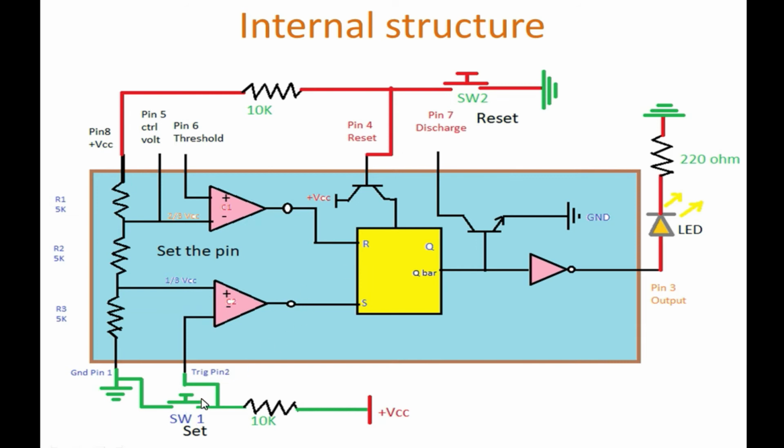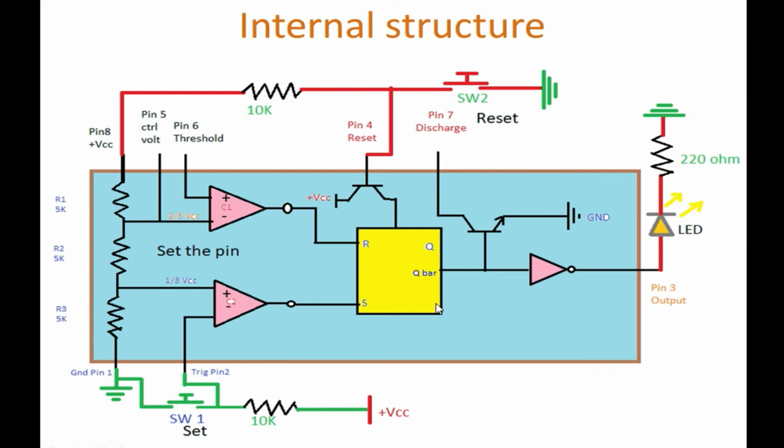In the normal condition, the comparator number 2 positive terminal is lower than the negative terminal, so the condition isn't fulfilled. To fulfill it, we have to make the positive terminal higher and the negative terminal lower, so we connect this negative terminal directly to ground. If we press this push button, this positive terminal voltage will be higher than the negative terminal, and the output will be high.